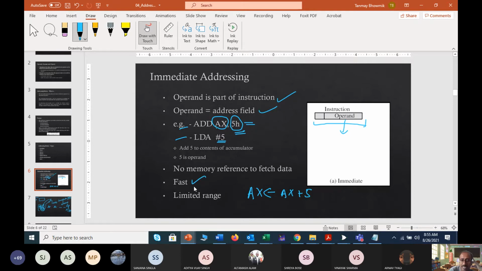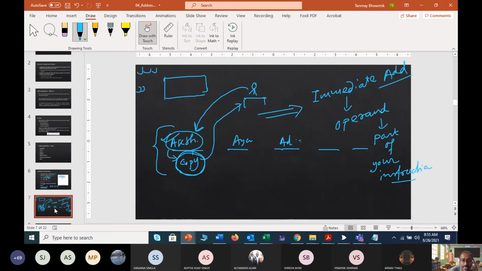This is the advantage. But what is the disadvantage? Limited range. How will you justify this disadvantage? Say Akshat is carrying one copy, so he can pass me this. But if I ask him to give me all the copies he has, how will he give me?